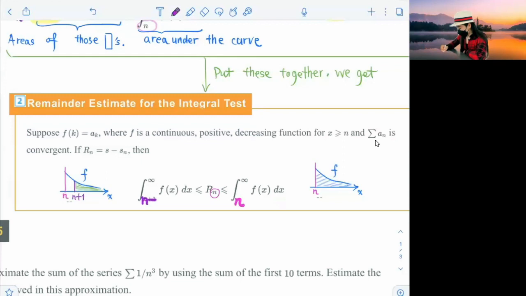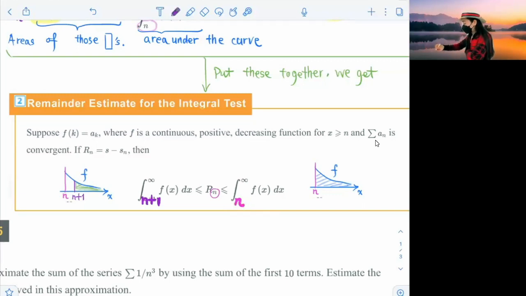You see it? So this provides us an estimate for the remainder. So the remainder is no less than this and no more than this. So that gives us the remainder estimate for the integral test.